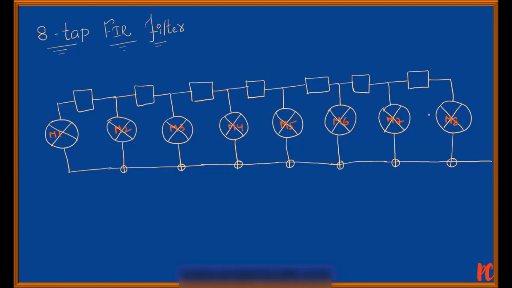We have designed the program in such a way that I will be taking the first 4 coefficients as 4, and the remaining with respect to a multiple factor of 8.